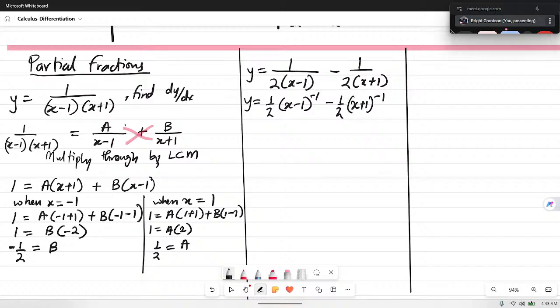We are changing them from this to this so that we can differentiate easily. We are applying indices. If you have 1 over 2a, it can be written as 1 over 2 times 1 over a. We know that 1 over a becomes a raised to the power negative 1. So that's the technique I'm using to change these expressions. Are you okay?